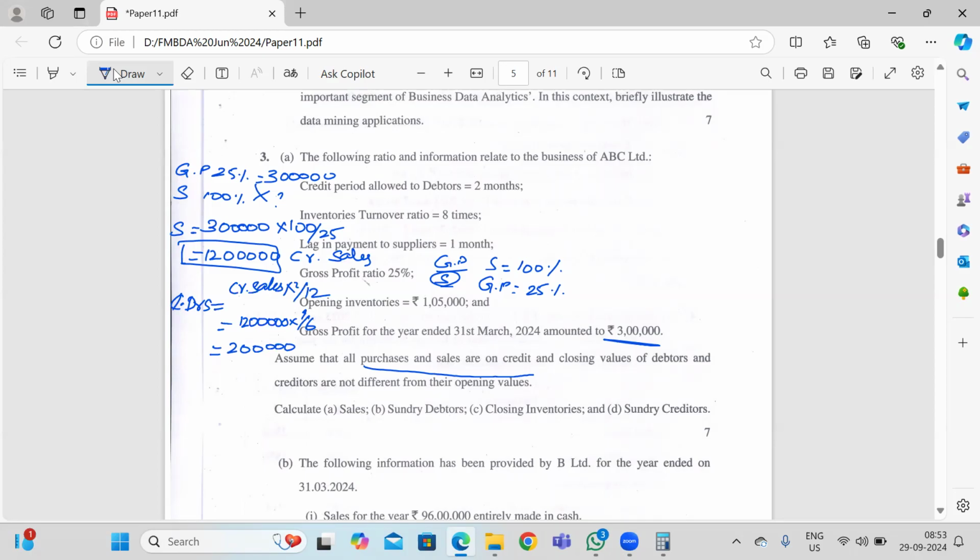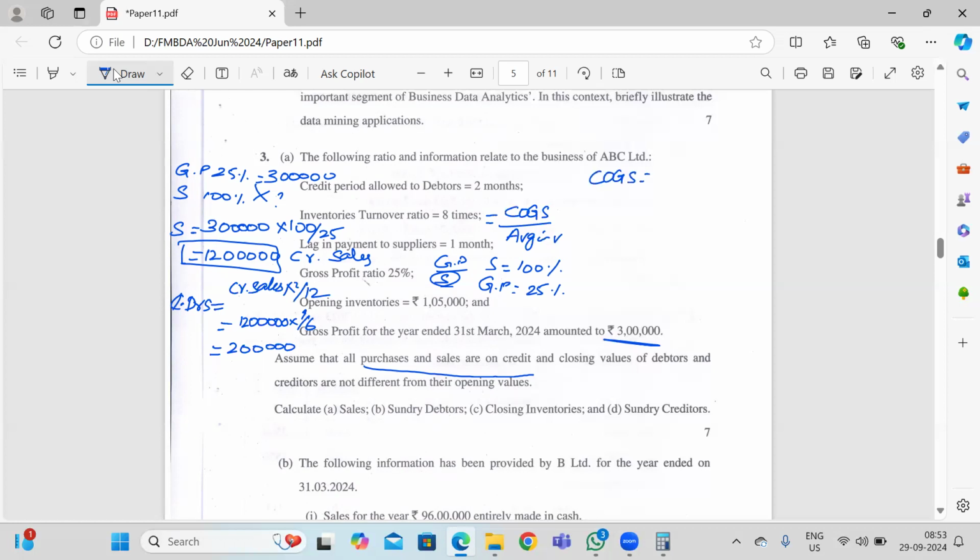Then closing inventory. Again, I will search based on some other formula. We have the inventory turnover ratio, which is equal to cost of goods sold divided by average inventory. Here we can calculate cost of goods sold, since we have sales and gross profit.